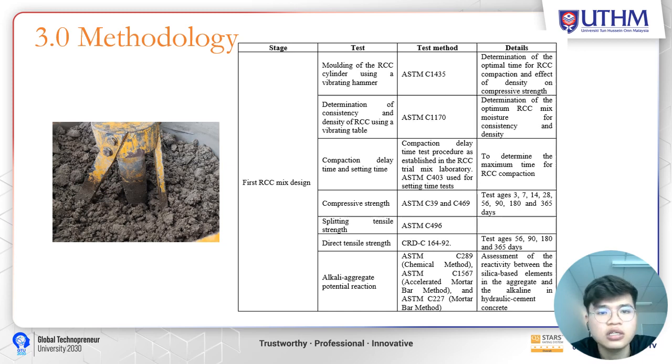Setting time is also a major concern because RCC is compacted layer by layer. That's why the setting time should be identified for the site construction. And then the alkali aggregate potential reaction is also something we should consider to determine the durability of the concrete.